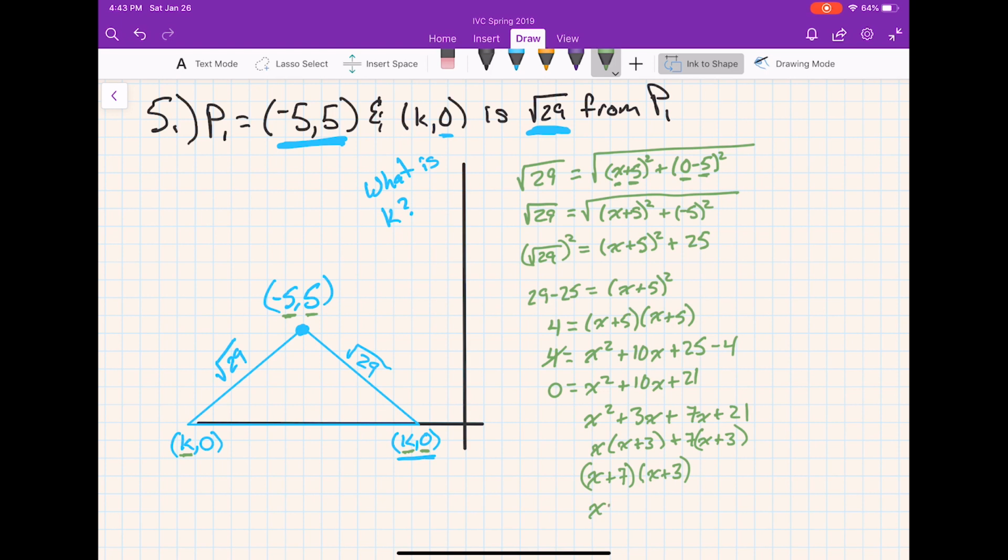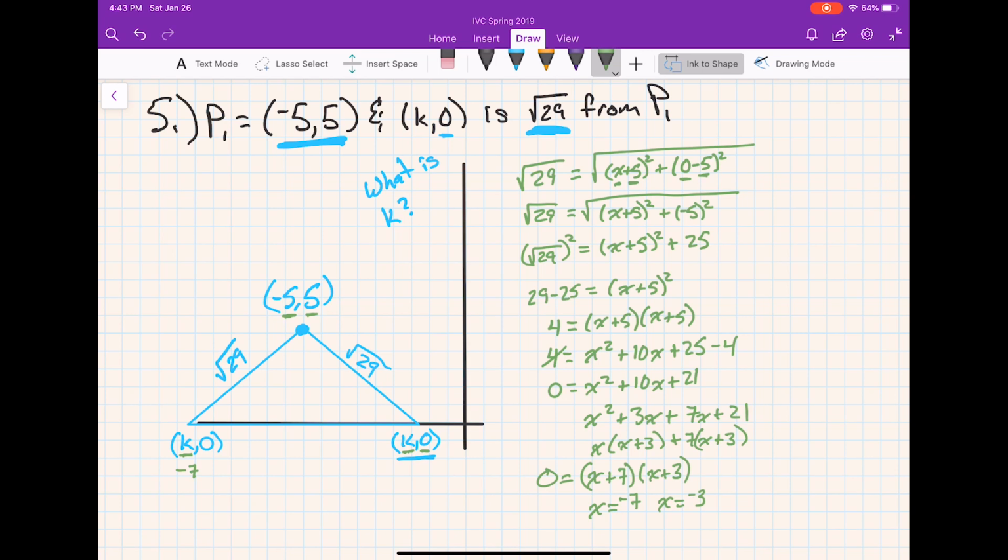And so that means we have x is equal to negative 7. That would make the above 0. And then x is equal to negative 3. That also would make this equation equal 0. So our two x coordinates are negative 7 and negative 3. Those are the only two.